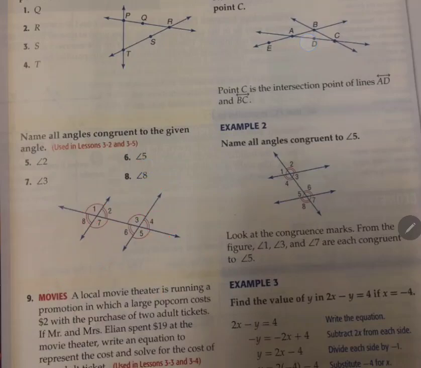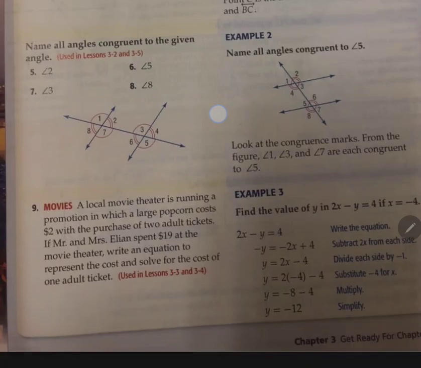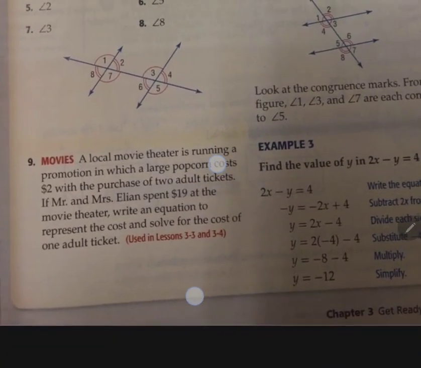All right. Now for one that probably everybody finds a little bit difficult. It's the word problem, but you're not afraid of word problems. All right, let's read it together. It says, a local movie theater is running a promotion in which a large popcorn costs $2 with the purchase of 2 adult tickets.